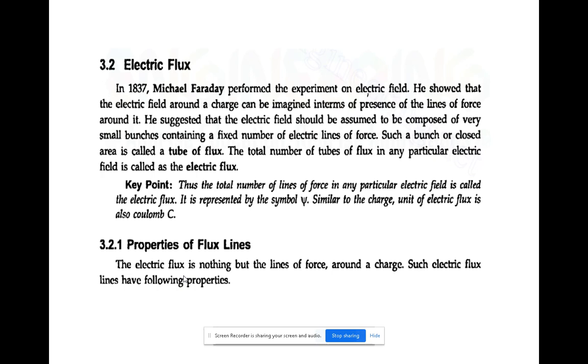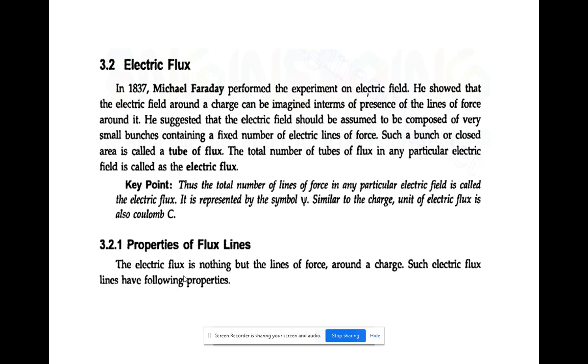A point charge may have many lines of force. A bunch of them, a closed area, is called a tube of flux. The total number of lines of force in a particular electric field is called electric flux.